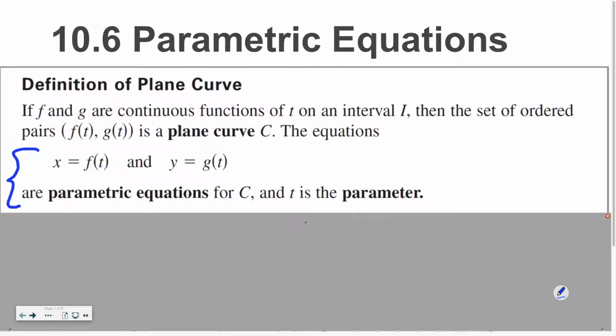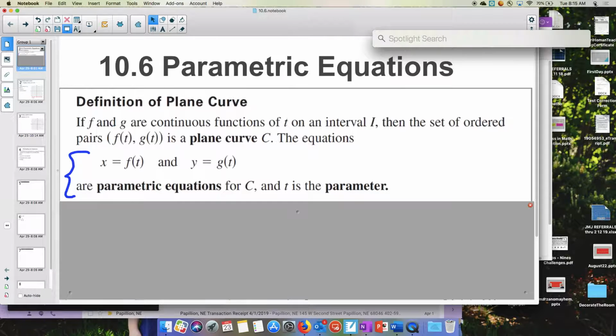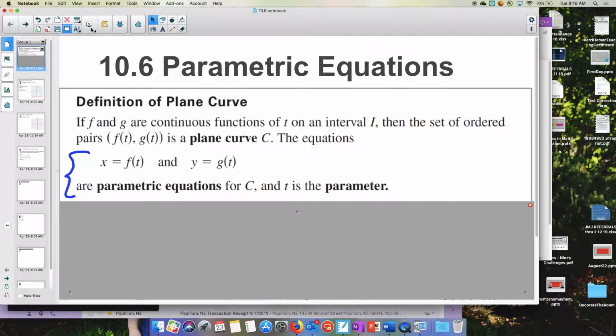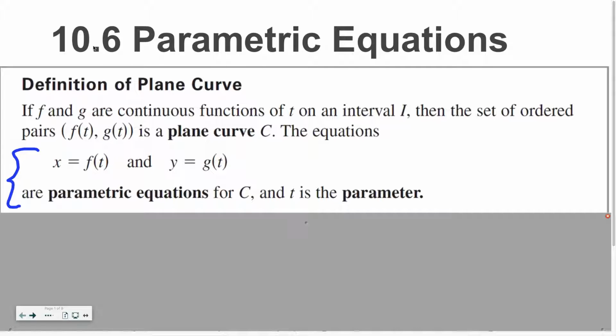We call them parametric equations because t is our parameter.